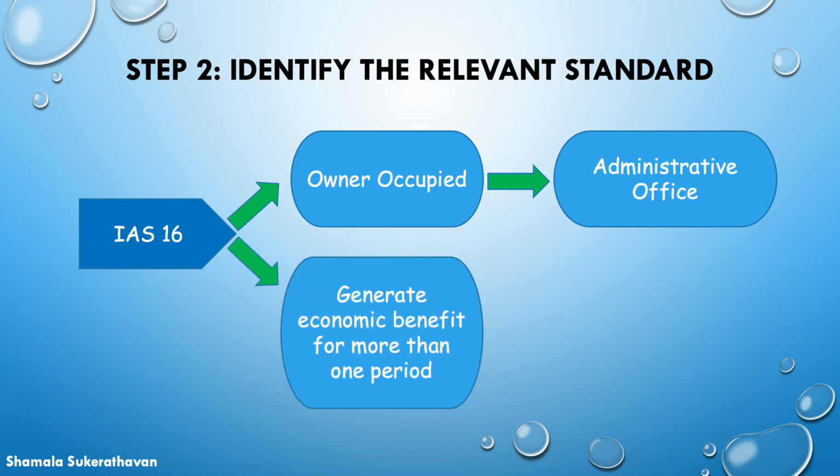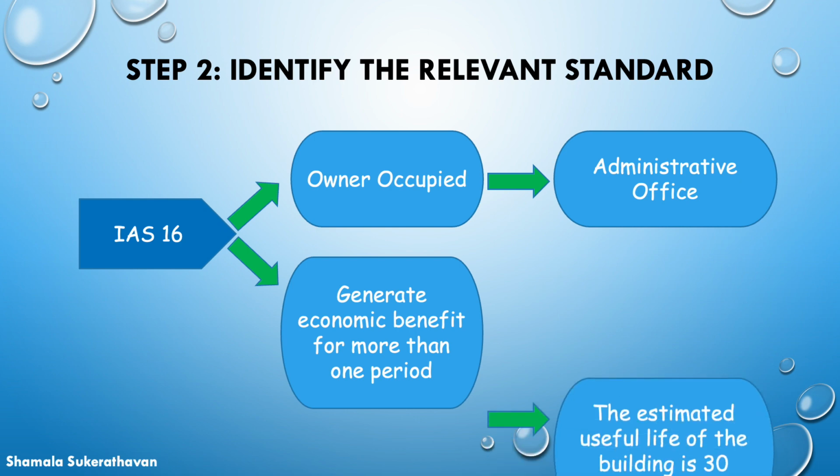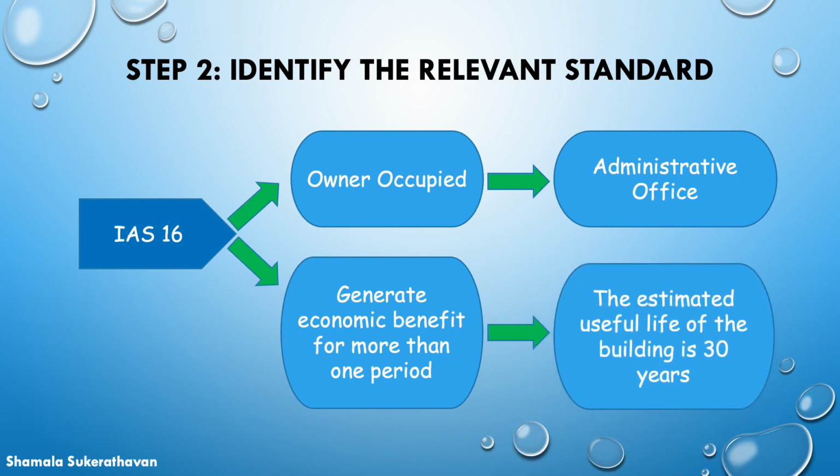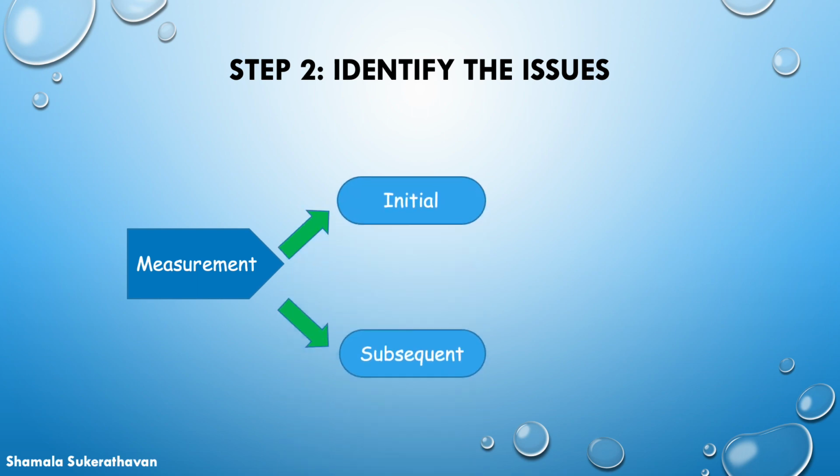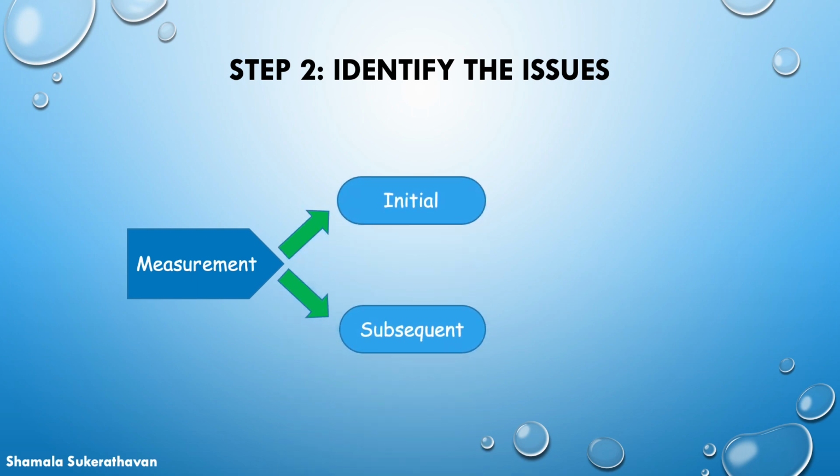That is, it's able to generate economic benefit for more than one period, given the estimated useful life of the building is 30 years. Next, we need to deal with the issue in the question, that is, how to account for the building. Thus, we need to discuss the measurement principles of IAS 16, both on initial and subsequent measurement, given we are looking at the financial year end of 30th June 2019, 2020 and 2021.